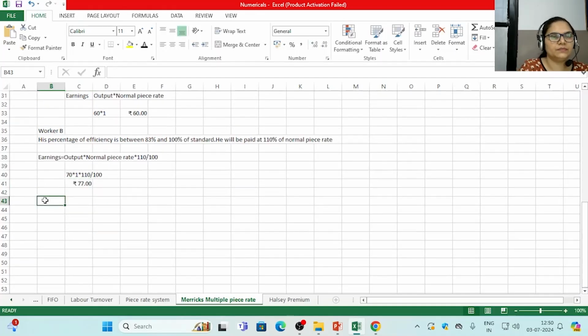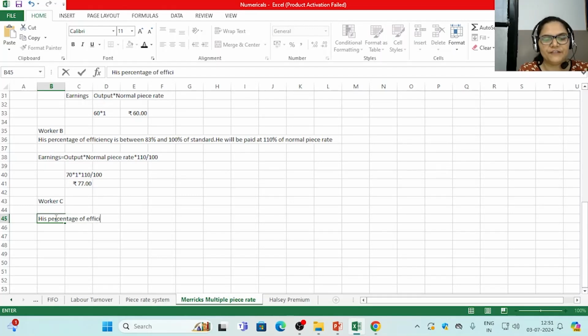Next is worker C. The efficiency of worker C is above 100% of standard. He will be paid at 120% of the normal piece rate.